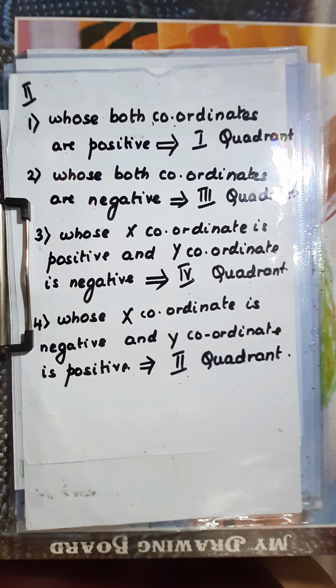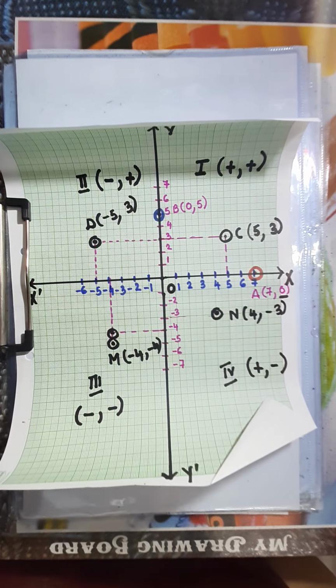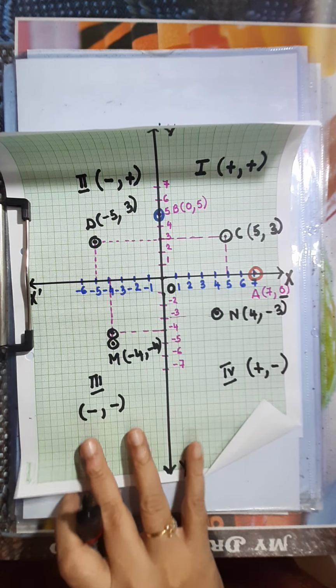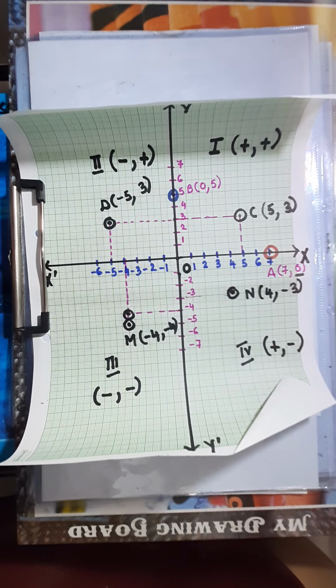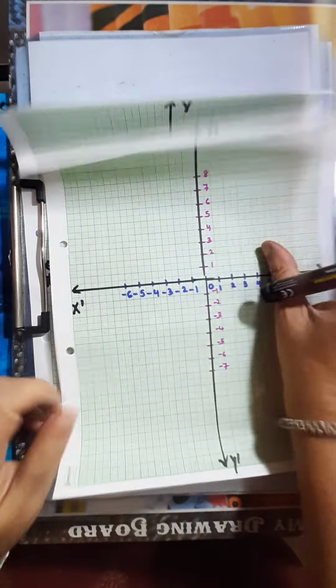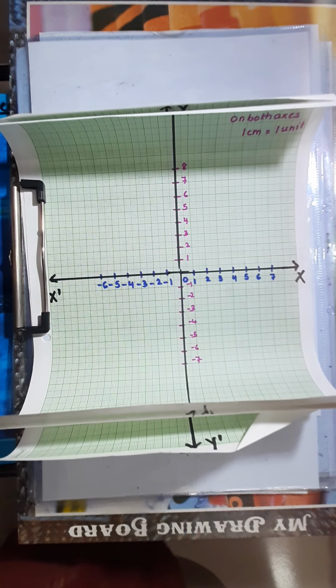Now see the next question. We are going to draw the coordinate axis and plot points. See, I had already shown you how to draw the coordinate axis. You have to draw it like this, right?